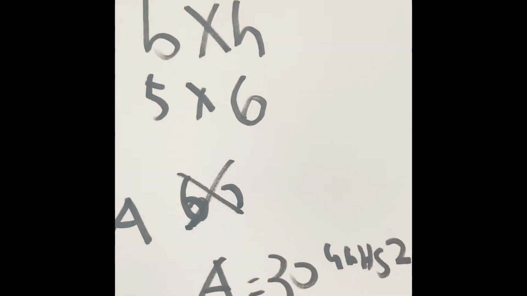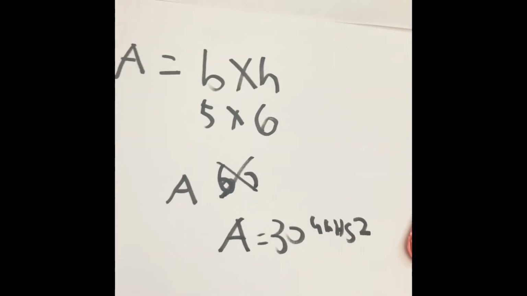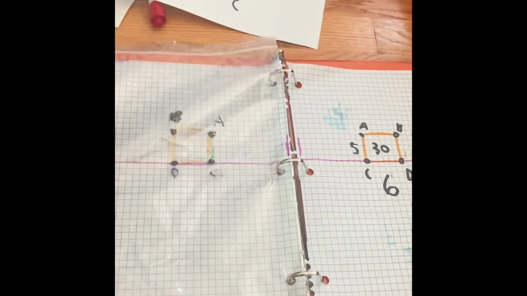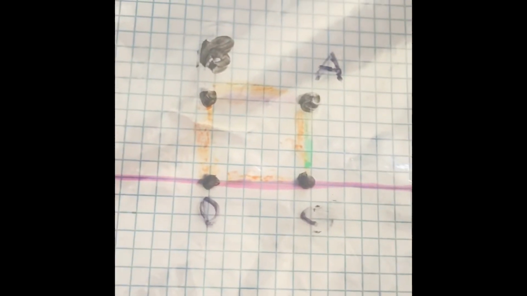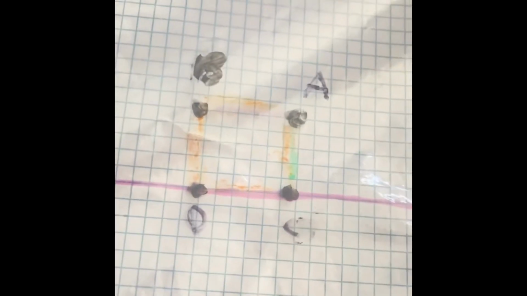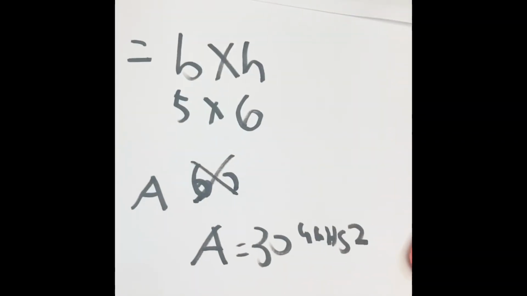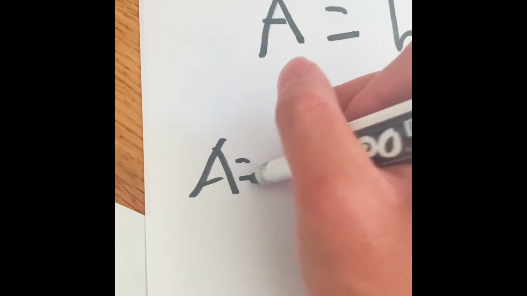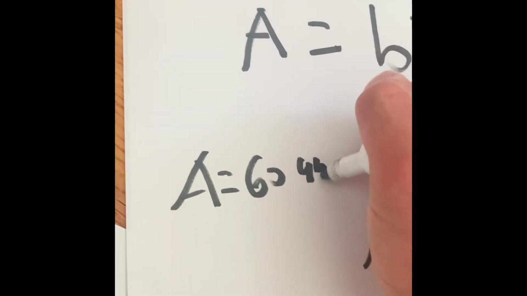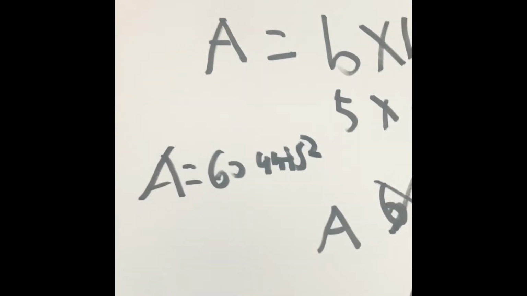But didn't we say we want to find the area of both of them all together? If this is the same measurement as this one right here, which is almost faded out, then we have to add 30 by itself 2 times. So our area instead is going to be 60 units squared, both together.